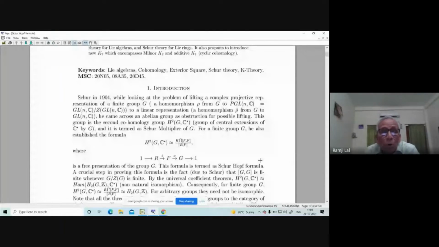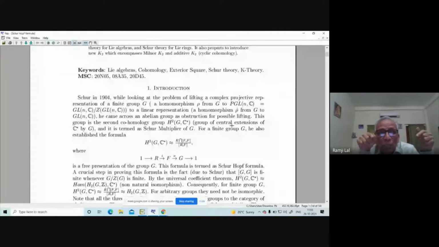So he came across this problem, and in this he came across an abelian group as abstraction to this possible lifting. Whether we can lift it or not depends on a group which he introduced, and in today's language this is the second cohomology group H^2(G, C*) of G with coefficients in the trivial module C*, the group of non-zero complex numbers, and this is termed the Schur multiplier of the group.